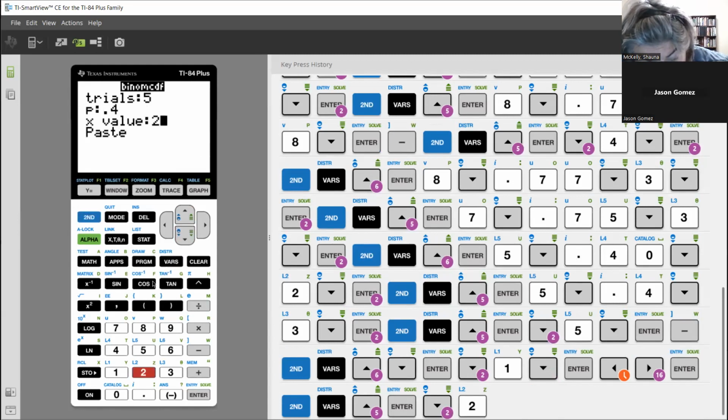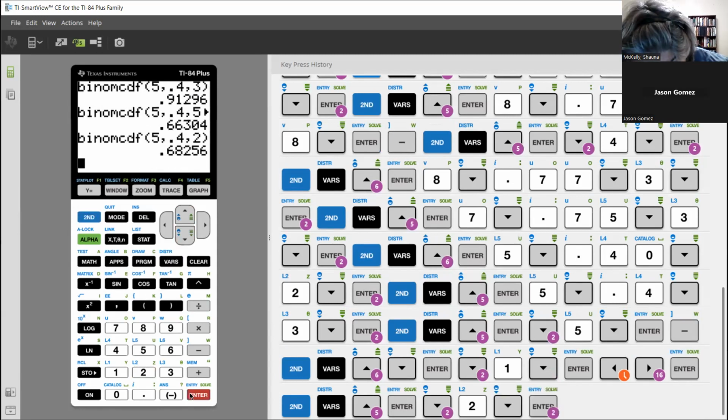Fewer than 3 people. And we paste it in. 0.6826 is what this is.